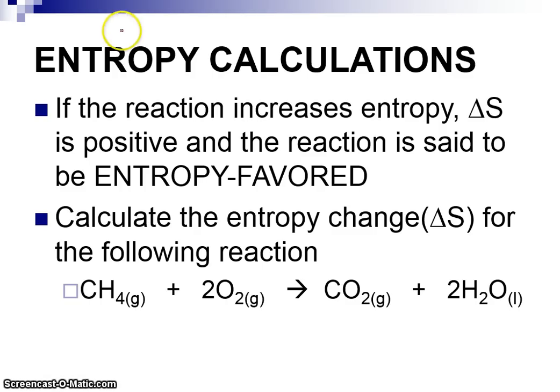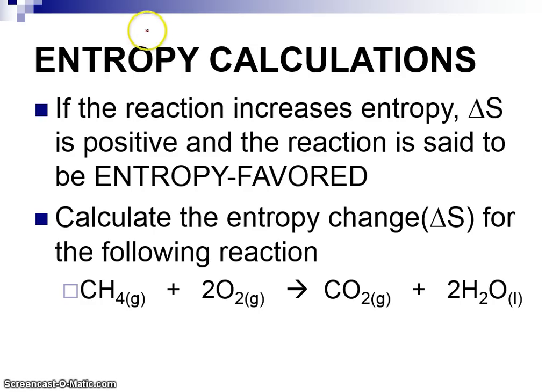Our overall reaction, which I'm going to put up here because I didn't leave myself much room, is delta S is equal to the sum of the delta S of the products minus the sum of the delta S of the reactants. So it's products minus reactants again, just like we did before.